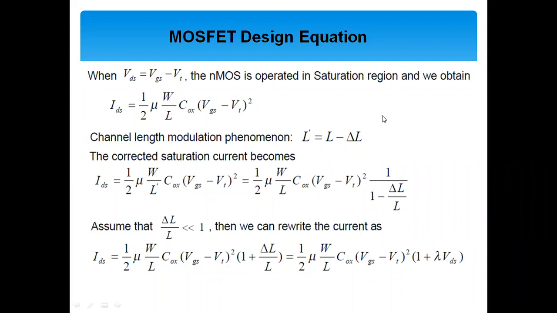If you now consider the channel length modulation phenomenon, L dash will be L minus delta L. If you replace this in the above equation, you will get IDS is equal to 1 by 2 mu. Now, what is mu? Can anyone say? What is mu?